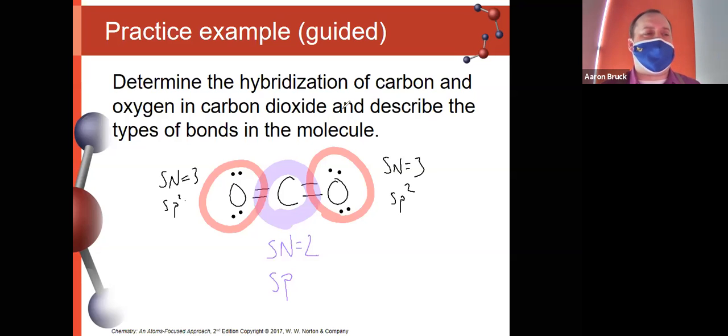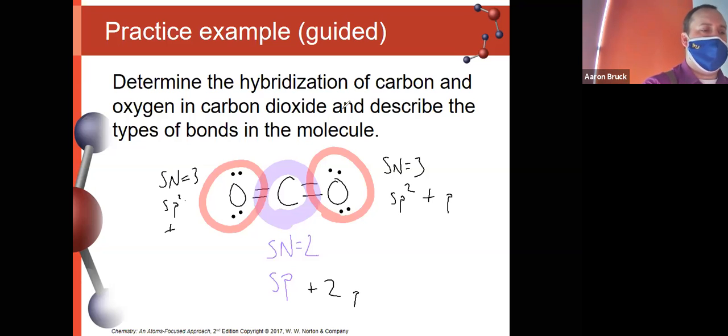And so what does that leave behind? Well, the carbon has 2 unhybridized p orbitals. Each of the oxygens has 1 unhybridized p orbital.